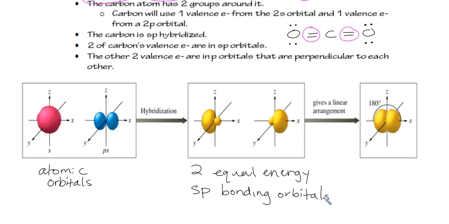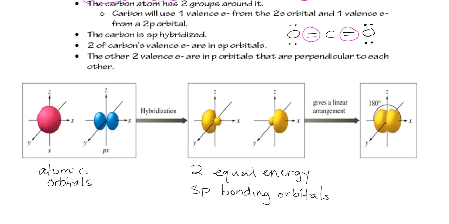These are the hybrids. Anything based on the linear structure needs 2 bonding regions. That's always this sp hybrid orbital. That's going to give you the 180-degree bond angles.